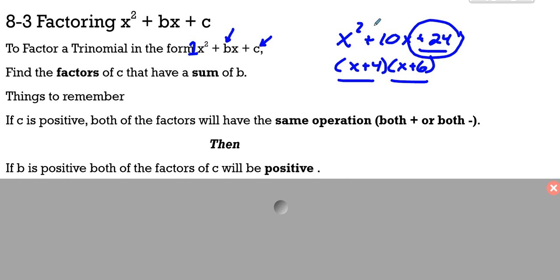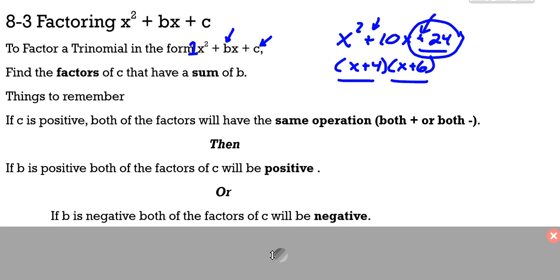When this is addition as well, it means both of the factors will be positive. That's the example we're looking at here. We're looking at the second operation is addition. So then you look at the first one and say, okay, now I know both of them are going to be addition.